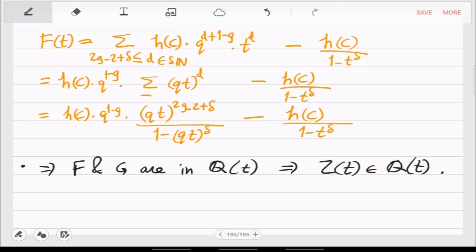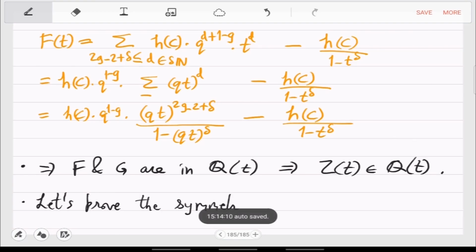Okay. Yeah, let's go to the symmetry now, under 1 over qt. For that we have to repeat this calculation with the big F of 1 over qt, but also G of 1 over qt, and see that we get similar expressions.